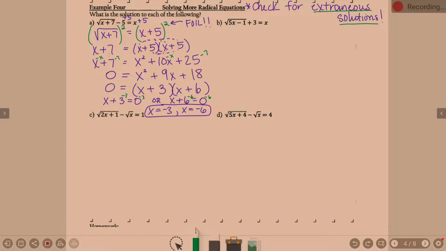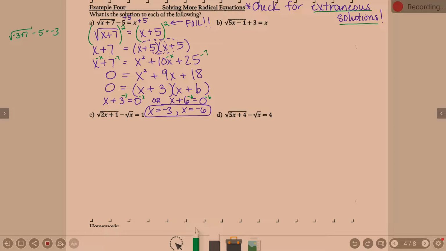I tend to do this in my head, however, I have a little bit of space over here. Square root of negative 3 plus 7 minus 5 equals x, which is negative 3. Is that true? That's what I'm trying to figure out.